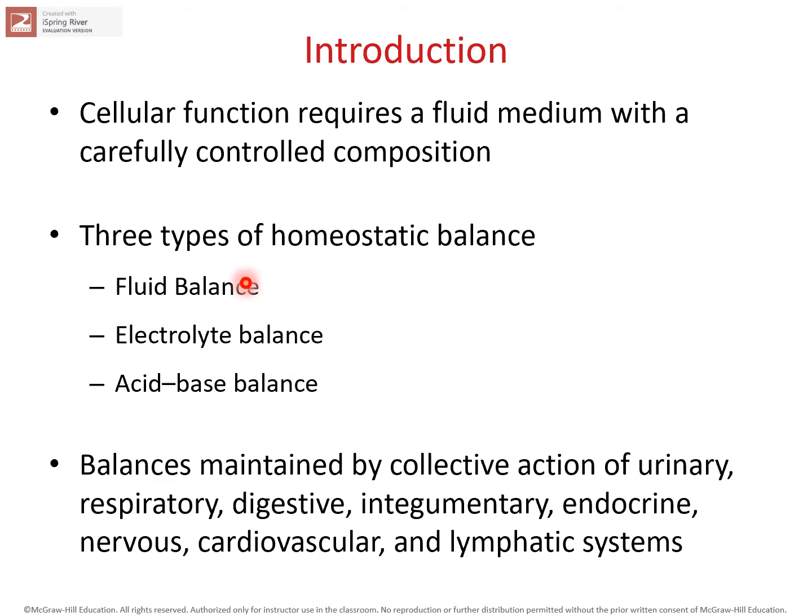Now, if any of these three balances get disrupted, it can lead to disruption in the cellular biochemical reactions. And sometimes it is not so harmful, but in extreme cases, it can even cause death. So it is very important to understand the three homeostatic balances that cells require to function properly. Okay.